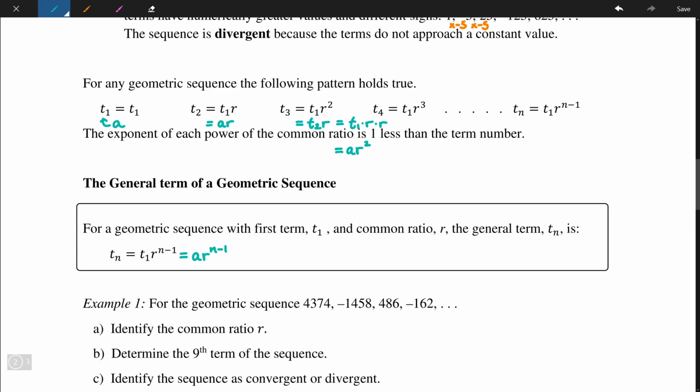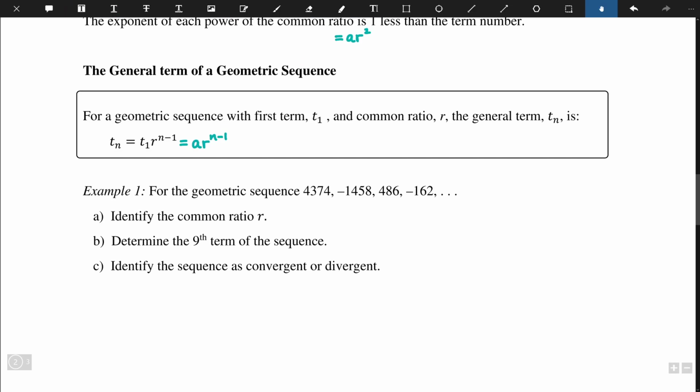Okay, so let's look at some geometric sequences. This one we have here, 4374 is the first term, and then the next term is -1458, and then 486, and then -162, and so forth. So it says to identify the common ratio r, and the way we can do that is to divide two consecutive terms.